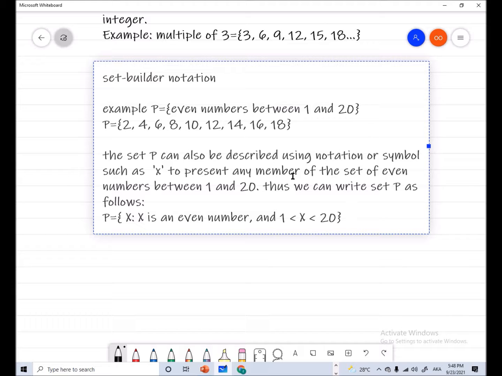So X is greater than 1 and less than 20. That is how we present it in set builder notation. I hope it's clear.